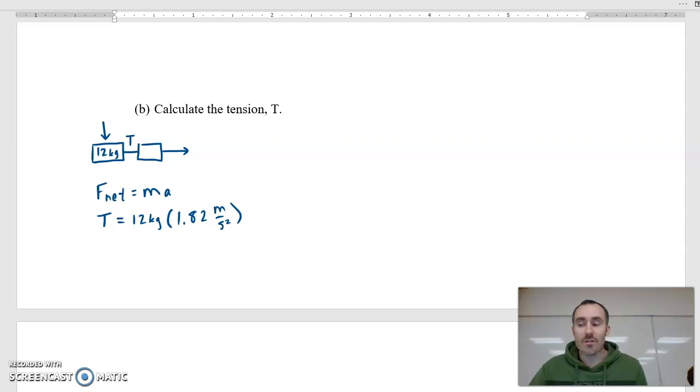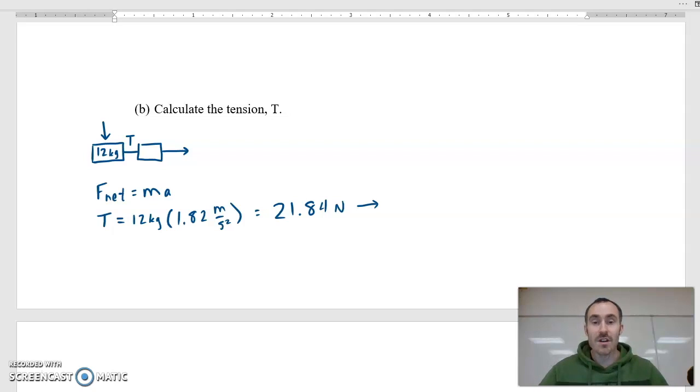And so the tension in the rope then is 21.84 newtons. Not the right sig figs, but let's just go with it. And that's to the right. Okay, so the tension in the rope, let's just look at the one box that it's applied to, and that will make it a lot clearer to figure it out.